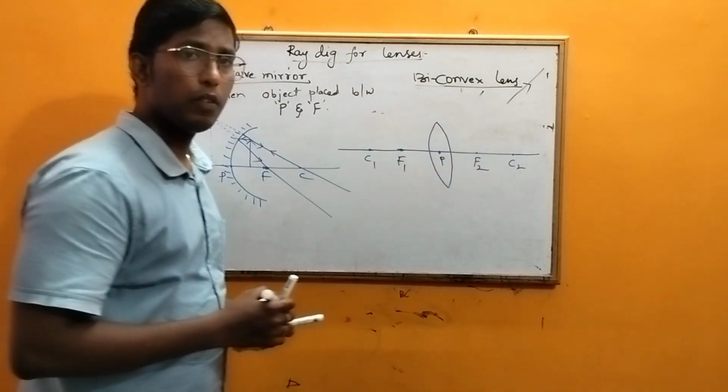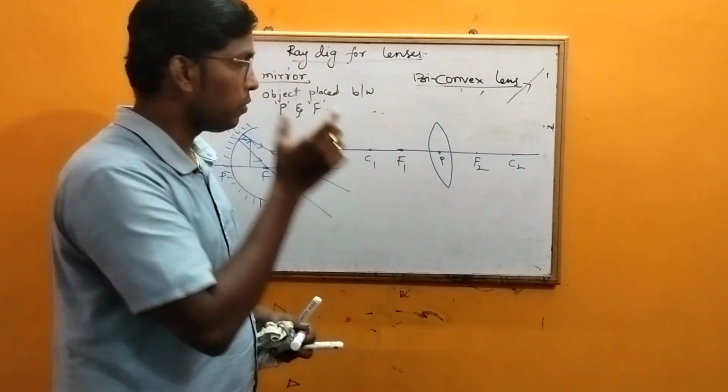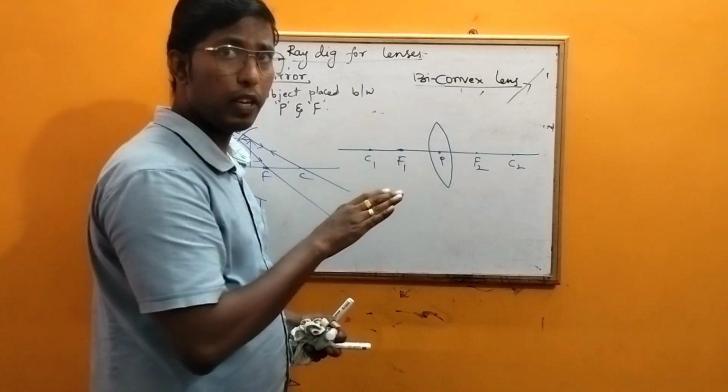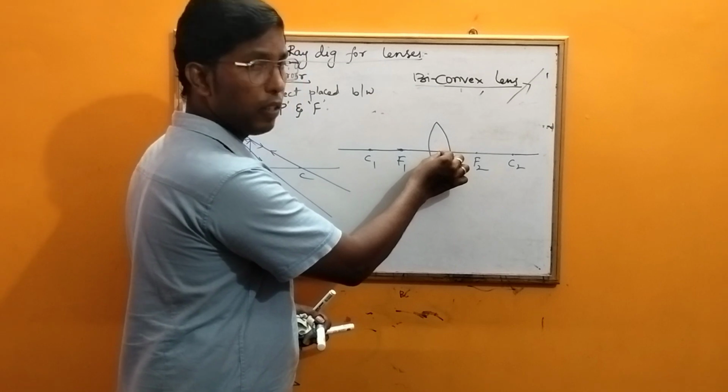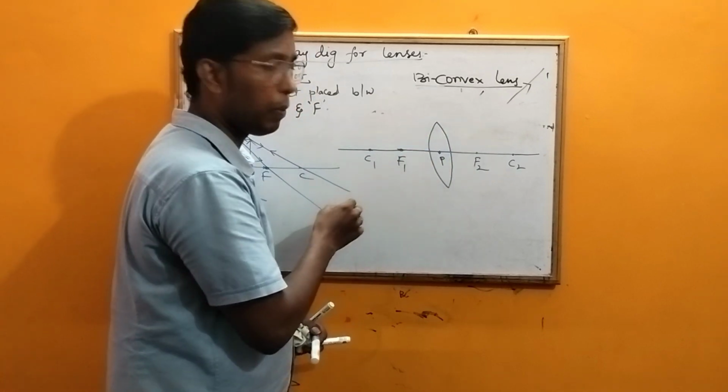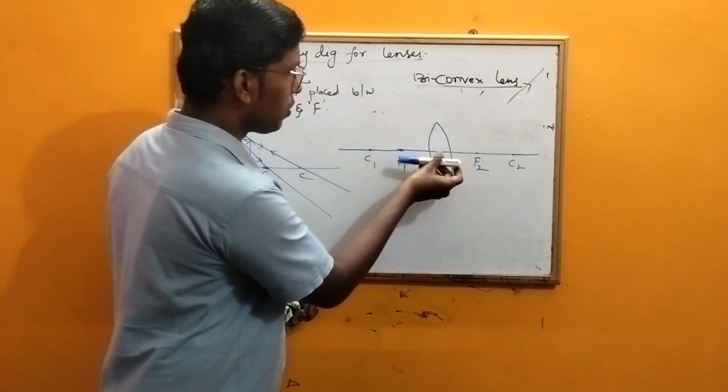So whenever you are drawing the ray diagrams, first you use the pencil and scale, draw the lens structure, locate the midpoint, optic center, draw a straight line, principal axis, and measure the distance with scale.